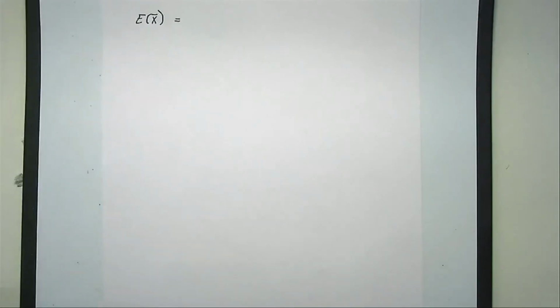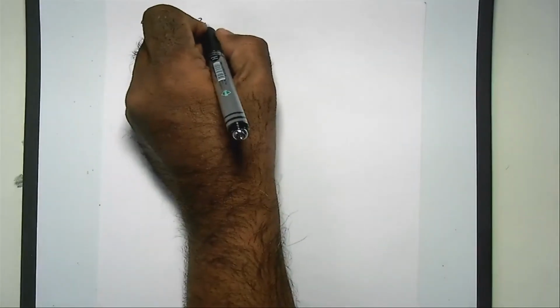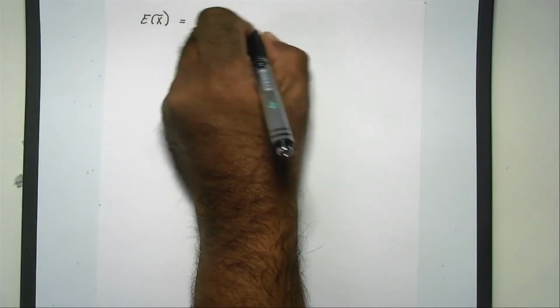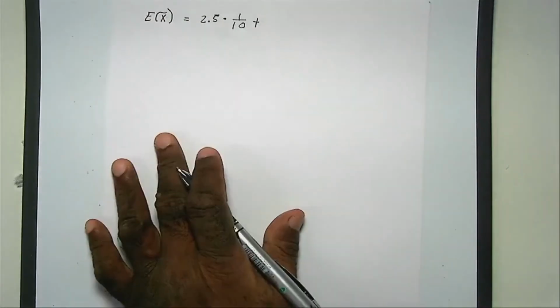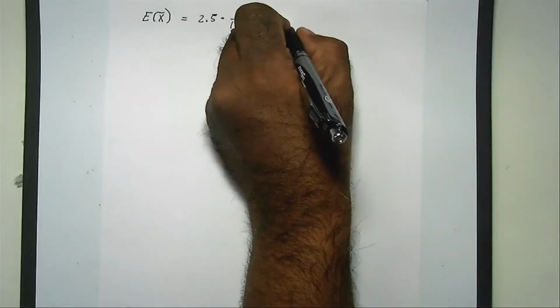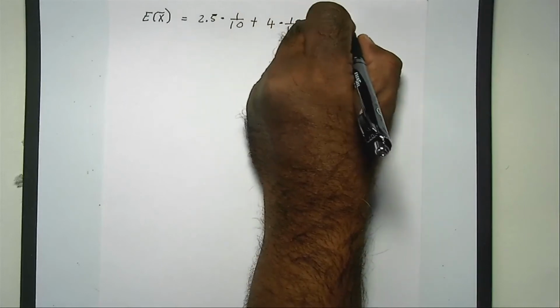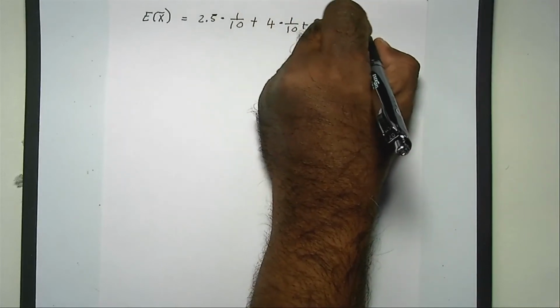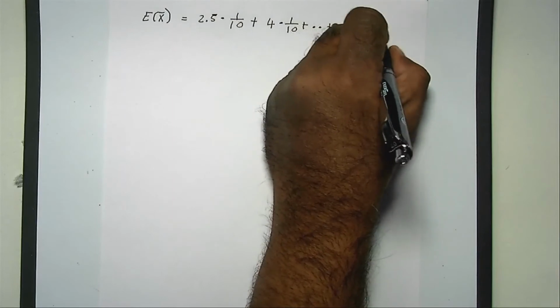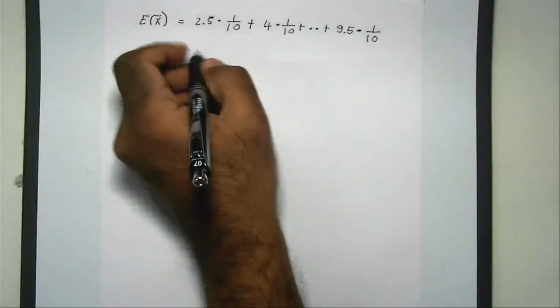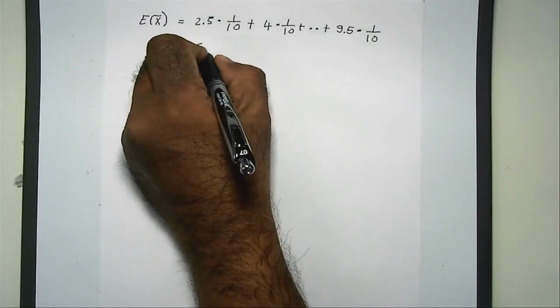So you will get 2.5 multiplied by 1 over 10 plus 4 and so on. This is the mean, or the expectation, and if you calculate this, it will be equal to 6.